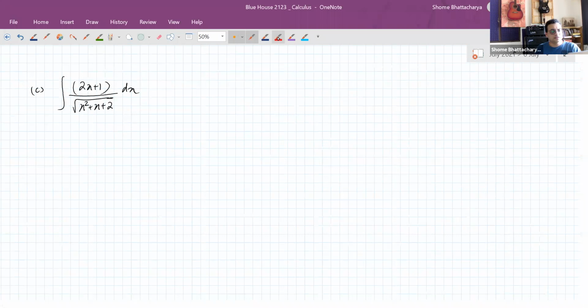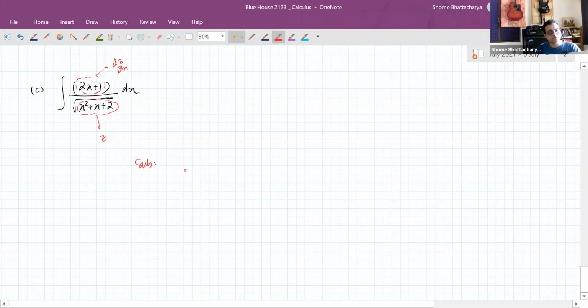Okay. So again, in this one, you can identify that if you take this term as your z, then this term is dz by dx. Okay, so substitute. So see, once you get used to this, then you can skip one step. You can write it directly as integration dz by root z and go that way. Okay, but absolutely directly is a bit tricky.